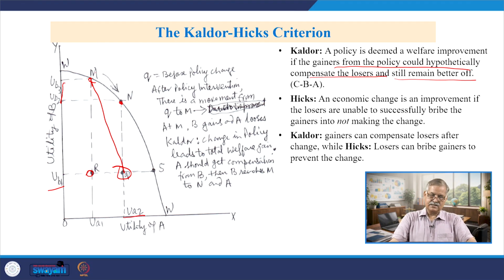The Kaldor concept is that a change in policy leads to total welfare gain. So total welfare gain is increased, and therefore A should get compensation from B, and then B moves from M to N, but still B is getting more welfare than before, and therefore when you make a sum of welfare, societal welfare is improved.